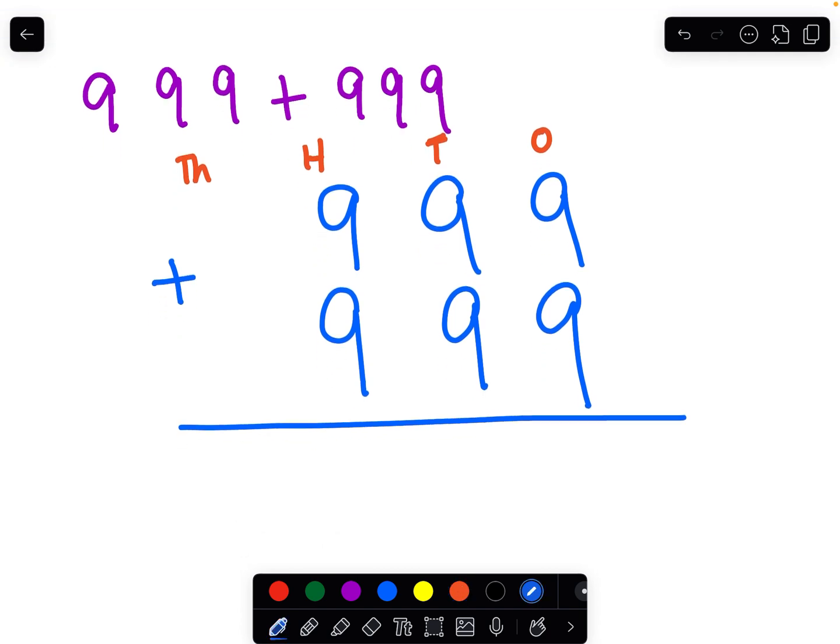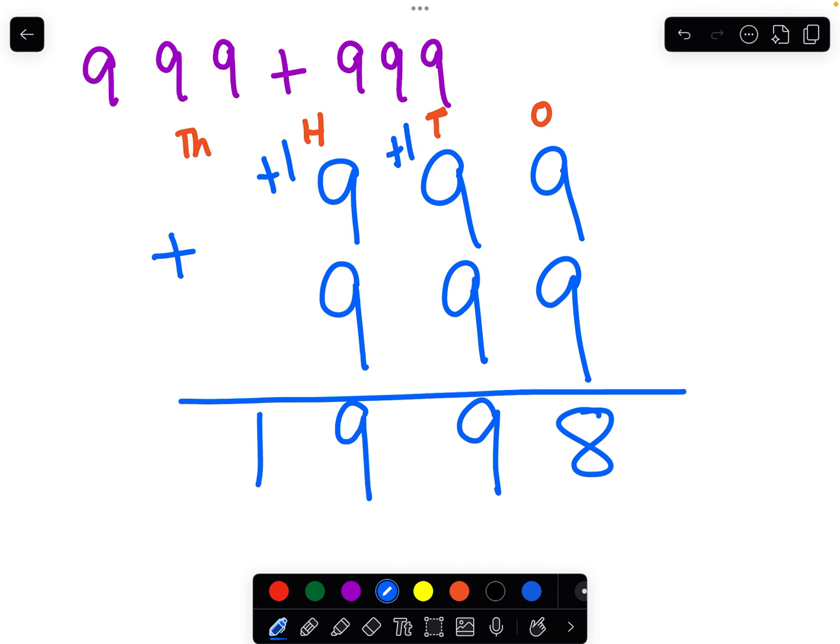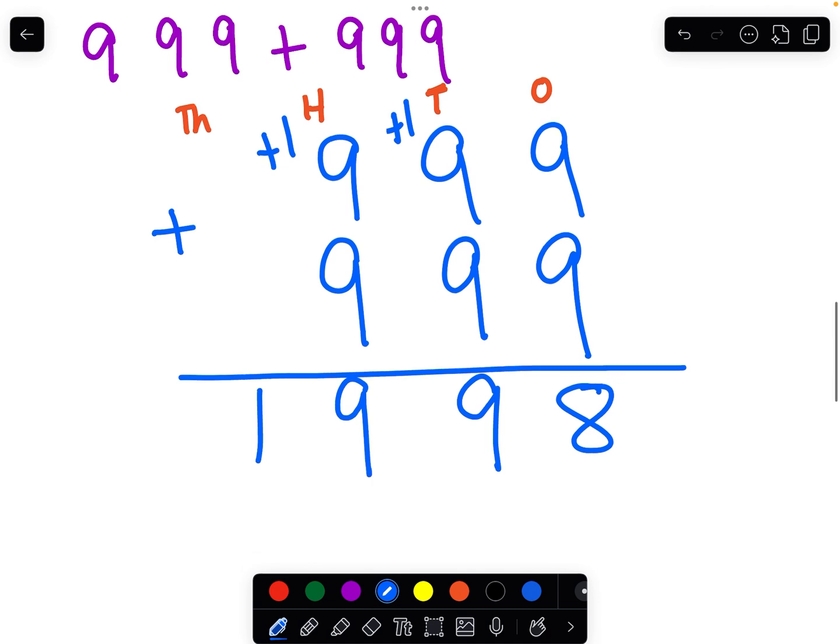Let's add these up. Starting from the rightmost column, 9 plus 9, well, that is 18. Going to add the 1. 9 plus 9, that's also 18, but I need to add this 1, so that's going to make it 19. Carry the 1. 9 plus 9, that's also 18, but I got to add this 1, so that is 19. So my answer is 1,998.